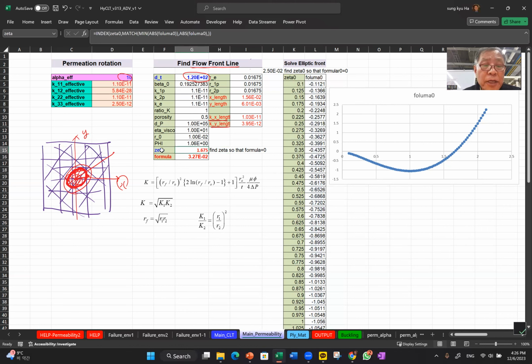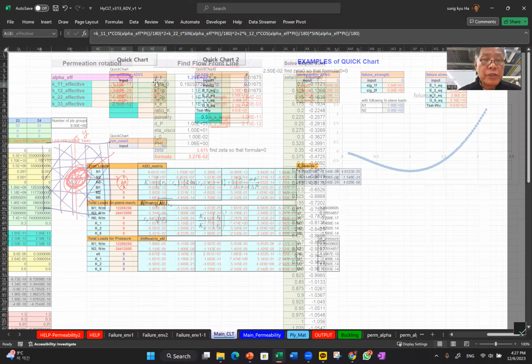Sorry, I didn't fully explain the meaning of the zeta, but just to understand, this zeta has to be chosen to make this formula equal 0. The formula was entered here, so it can automatically solve this nonlinear equation. All you need to do is change this time, and the angle will be chosen by the input.